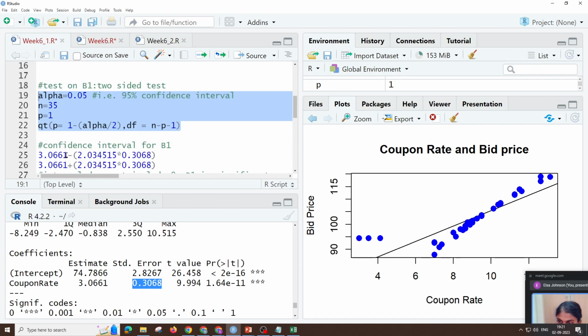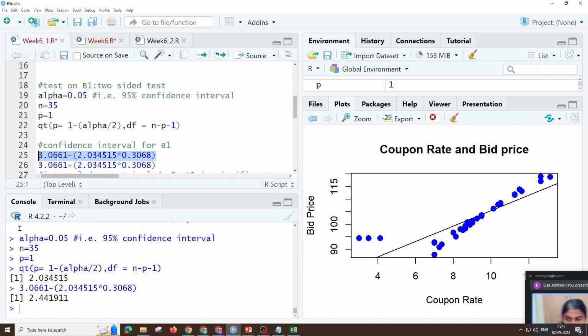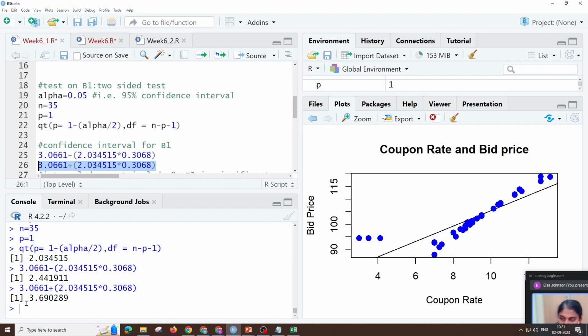So 3.0661 minus 2.034, which we found out from this, into 0.3608 will be the starting value of beta 1, 2.44, and 3.0661 plus this value will be the variation up to which beta 1 value will vary.